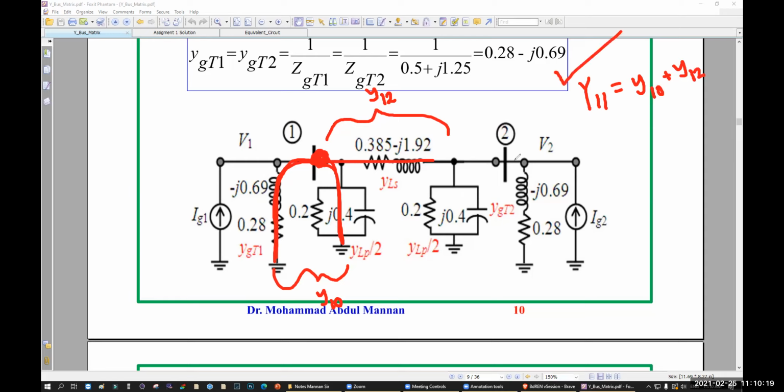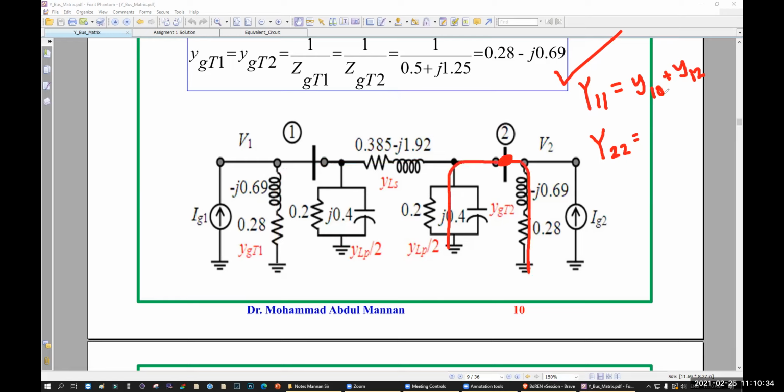Now for bus number 2, what are the admittances that are connected? Y20, this one, that means this is called Y20, right?